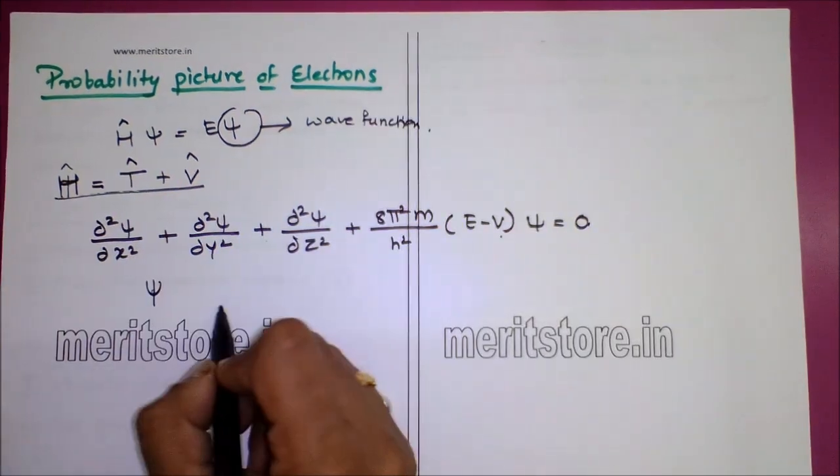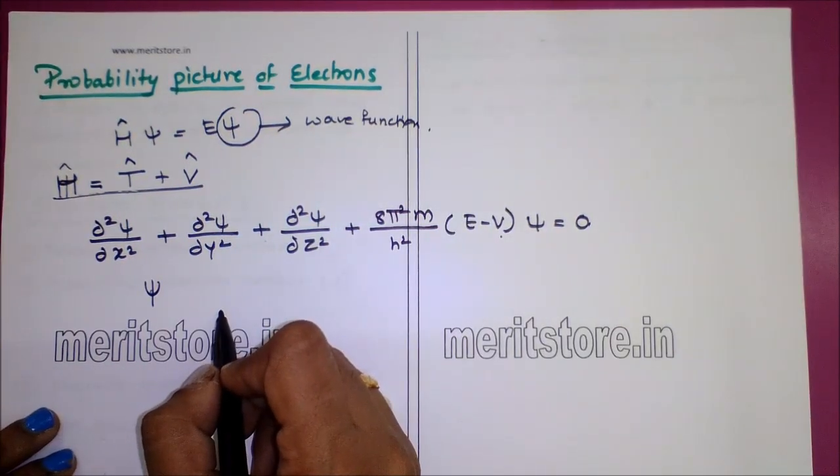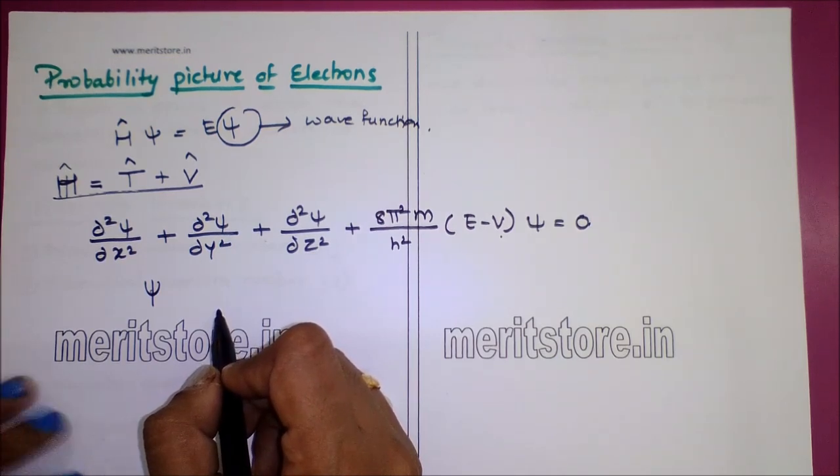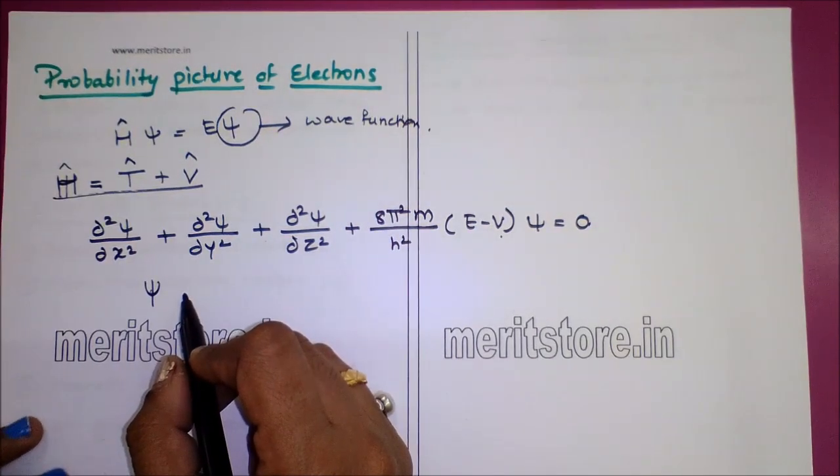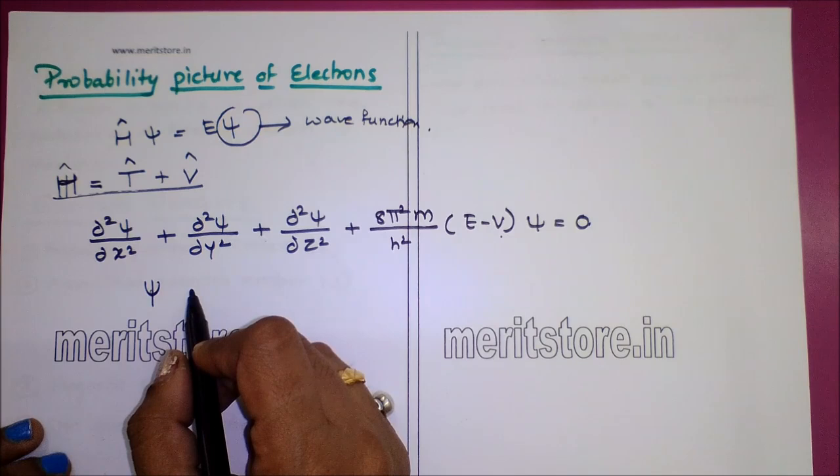Here psi is very important, as it expresses the amplitude of the wave, and the term refers to the second derivative of psi with respect to x. Now, if I talk about the physical significance of this wave function, as I discussed, it gives you the amplitude of the wave associated with the electron.